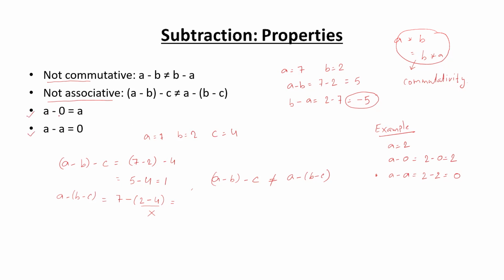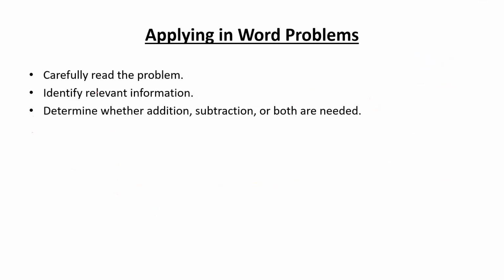So this property says if you subtract 0 from any number, you will get the same number. And if you subtract any number from itself, you will get 0. So the difference of 2 and 2 is 0. The difference of any number from itself is 0. Okay.